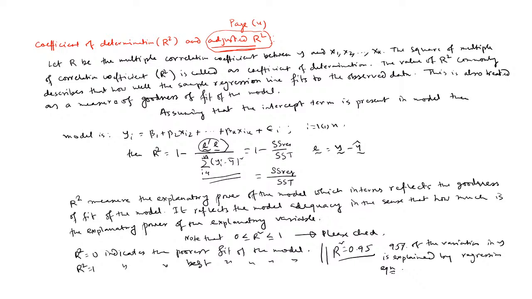And 95% is close to 100%. This means the fitting is good. It implies the fitting is good. In that way, we can interpret R square.